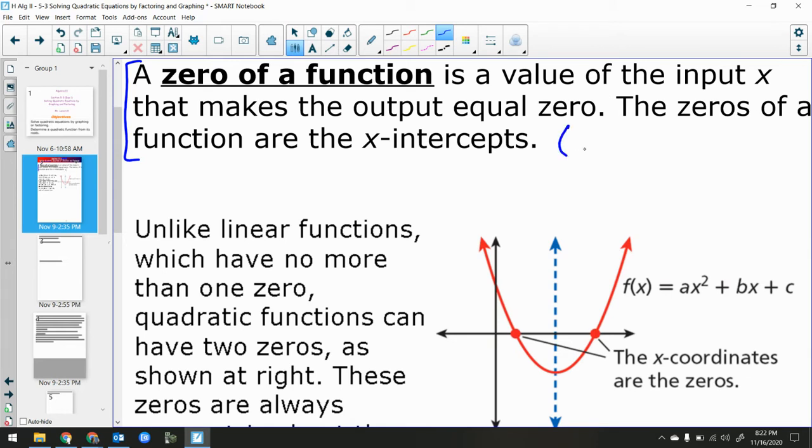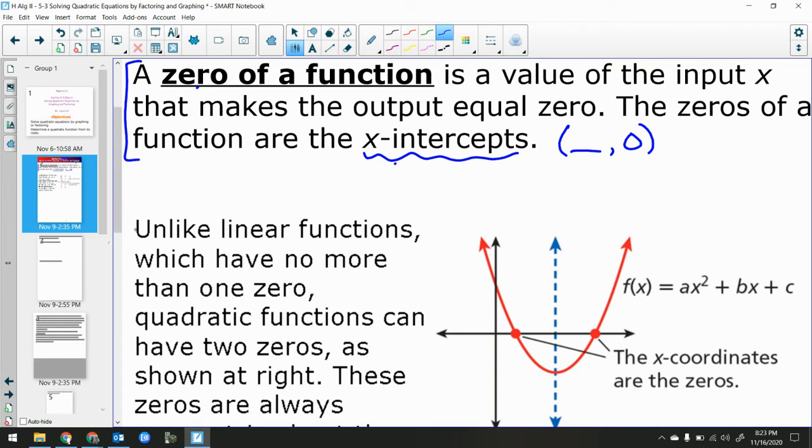So if I'm thinking about it, it's a number, comma, 0. Well, what is that? That's an x-intercept. So the zeros of the function are actually the x-intercepts of the graph. So start thinking of those as synonyms. When I say something is a 0, it's an x-intercept. Another term is the roots of an equation, which we'll talk about in a little bit.